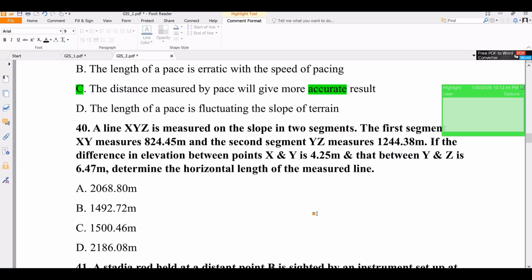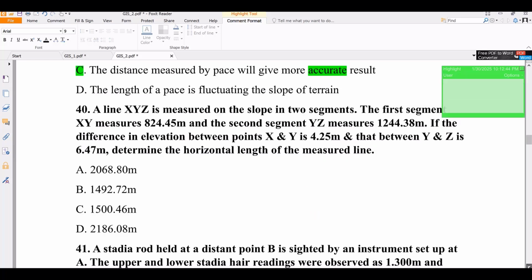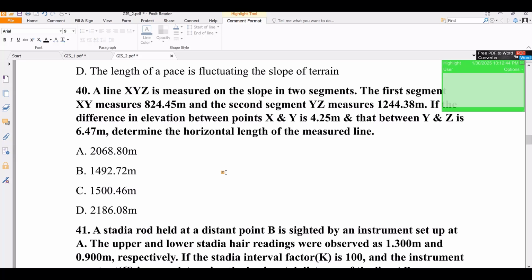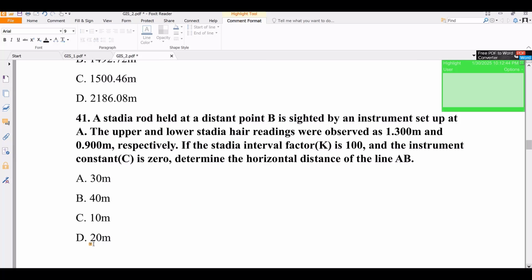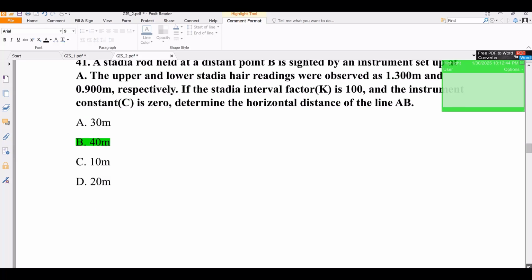I will give you just the result and you can calculate by yourself. So the answer is this one, 68.80. So you can check it. And the second one is also, the answer will be 40 meters. You can check this one also. Okay.